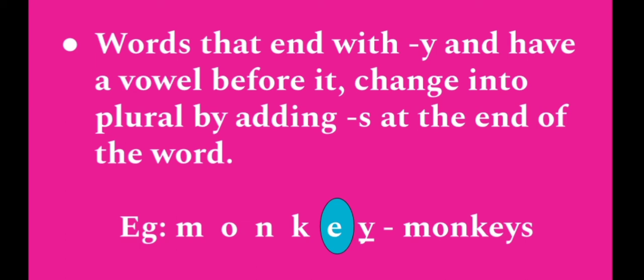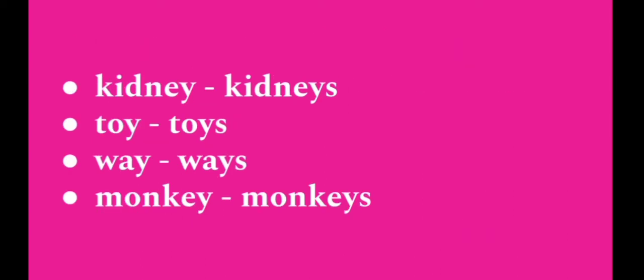Like monkey, monkeys. Y is the ending letter, but before the letter Y we have the letter E. E is a vowel, and so we add S and make it plural, monkeys. I hope you understood.